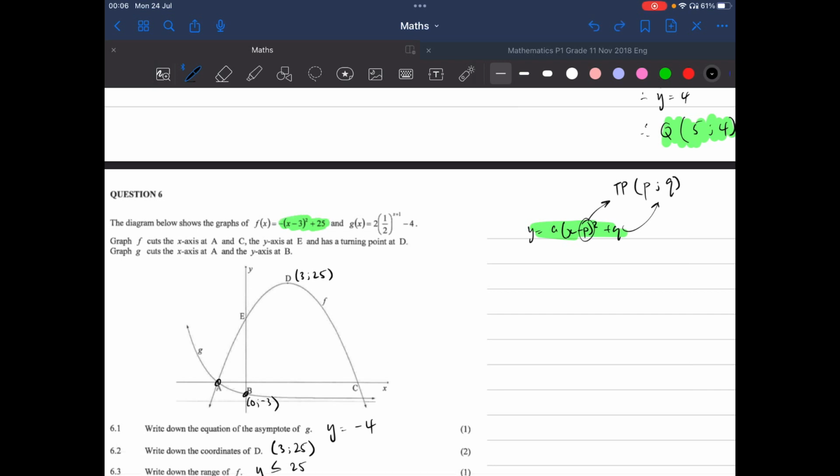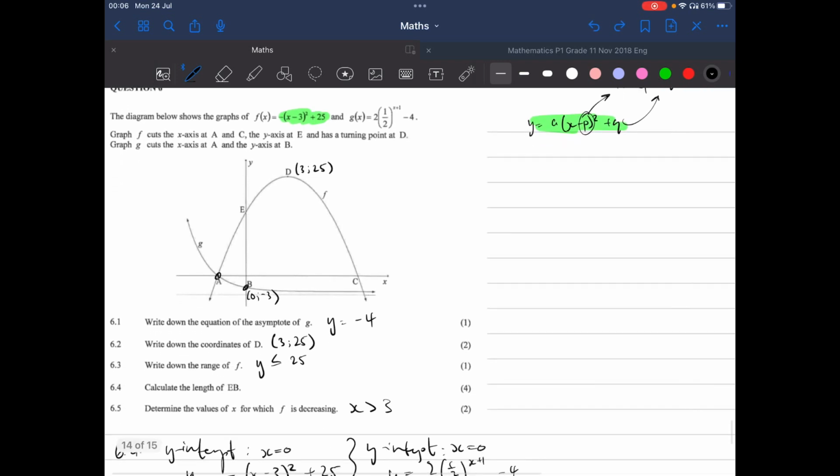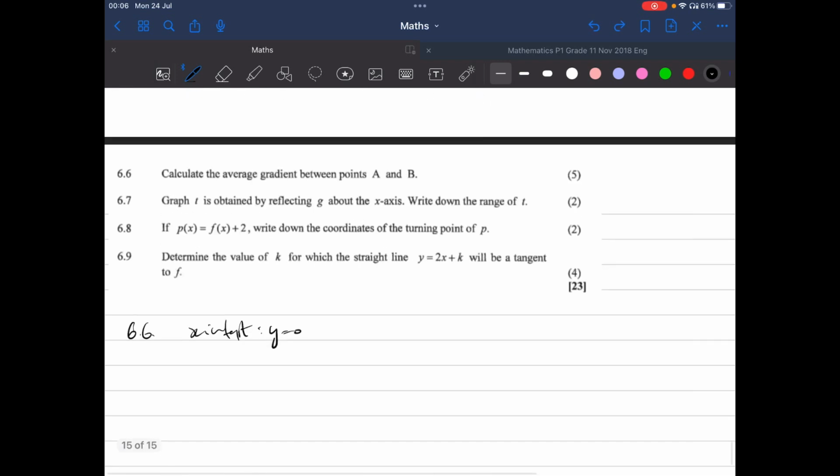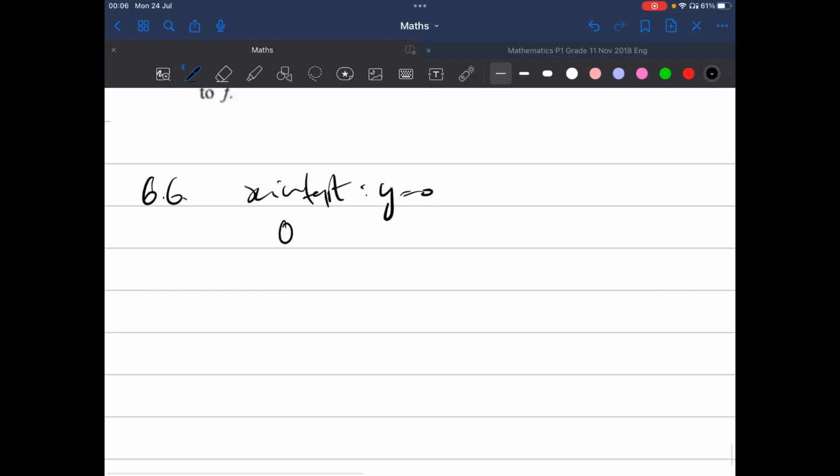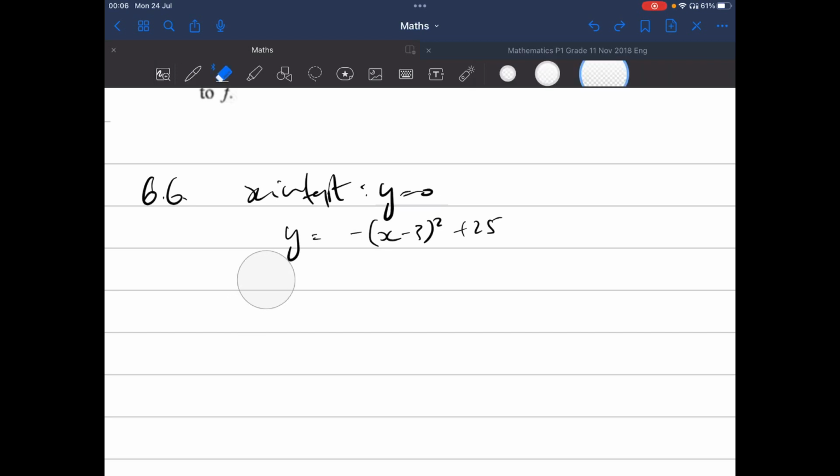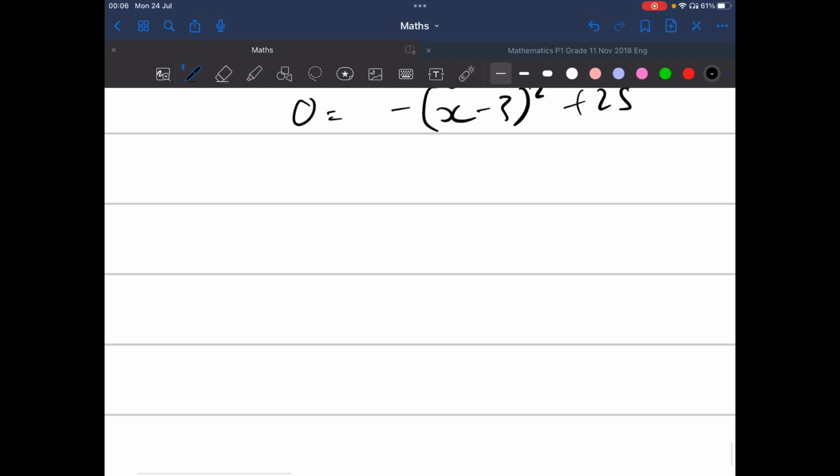Our equation is y equals minus (x minus 3) squared plus 25. Now I want it where y is equal to 0, so I'll just replace that. And now let's solve.